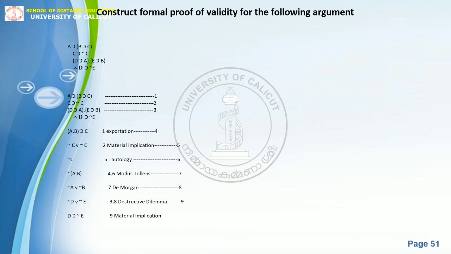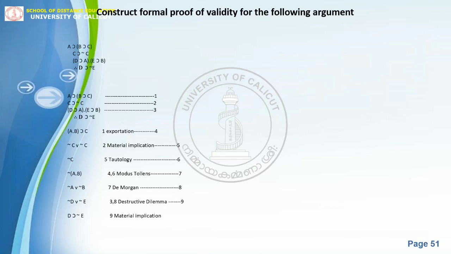Then next we are checking for any other derivation that is possible. We have found negation A or negation B, and we check the third statement, and it resembles a destructive dilemma. So we derive negation D or negation E, that is 3, 8 destructive dilemma, and number it as 9.